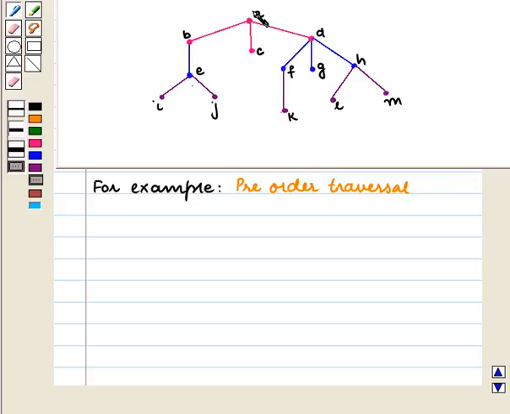First vertex is the root, that is A. From left we have this subtree from vertex B. So here pre-order is B, E, I, then J. Next we have C. Next we have the subtree at D. So we have pre-order D, F, K, then G, then H, then L, then M. So the pre-order traversal is A, B, E, I, J, C, D, F, K, G, H, L and M. Here we have moved from left to right.